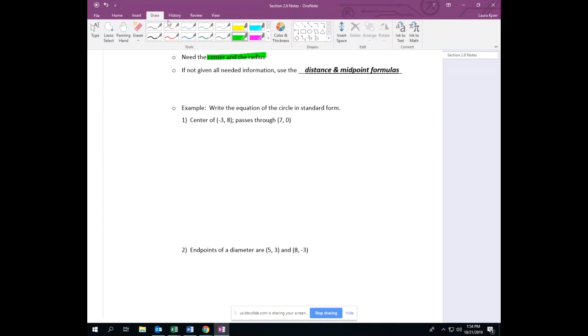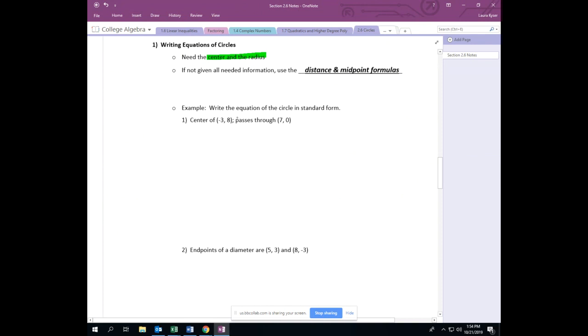There are two examples on here of writing equations. So the first one does give us the center, which is awesome. We've got half of the important information. The other thing that we need is the radius. Now, luckily, because we have the center and a point on the circle, these two pieces of information give us the length of the radius.